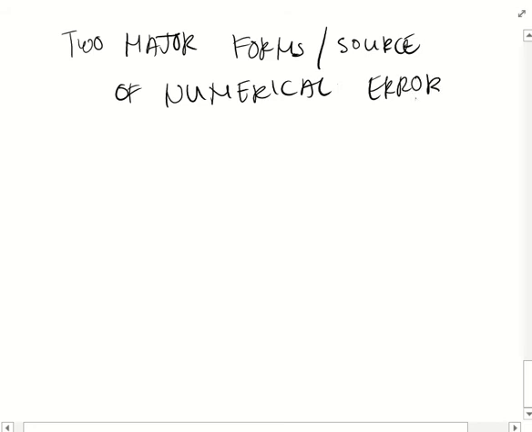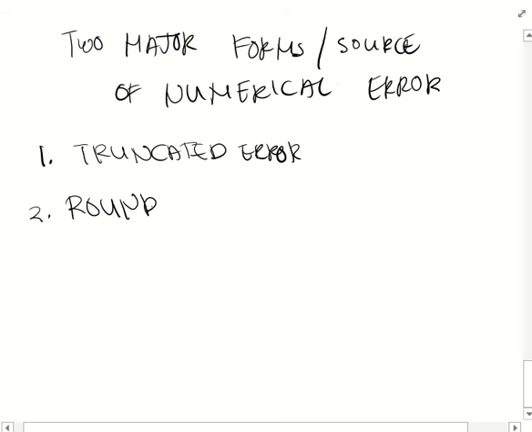The first one, we call the truncation error. And the other one is the error due to round off.